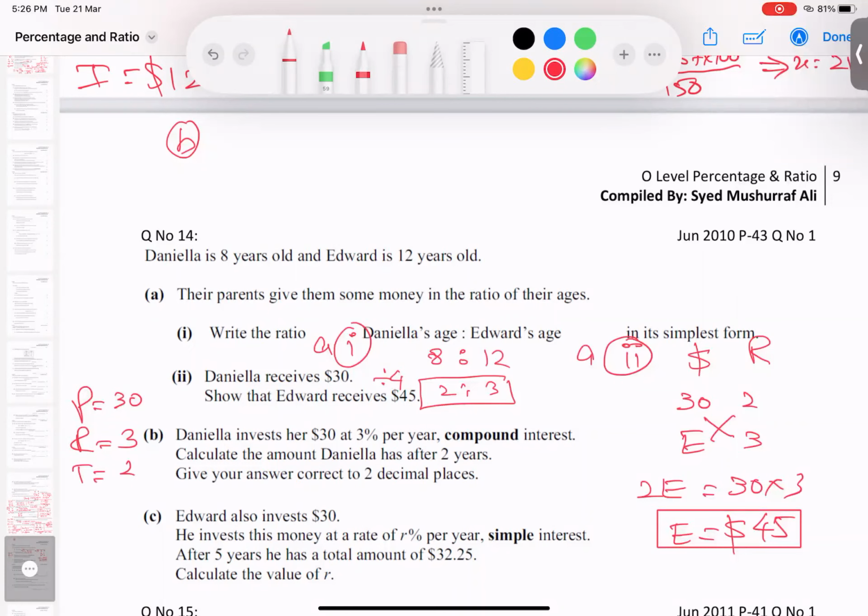And I have to go for 2 DP because currency is always 2 decimal places. So let's start. A equals P times (1 plus R over 100) to the power T. So P is investment $30, rate of interest is 3, and time 2 years. So I'm just simply typing in the calculator 1 plus 3 divided by 100, and the power is 2.